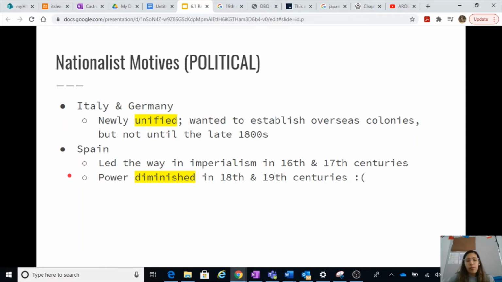They had all of that land in the New World with Brazil for Portugal and then Mexico and Latin America for Spain. But because of the revolutions that we saw in the previous chapter, they had lost all of that land. So their power is going to diminish, and they're not going to be such big players. The main player of the game in this unit is going to be Great Britain.